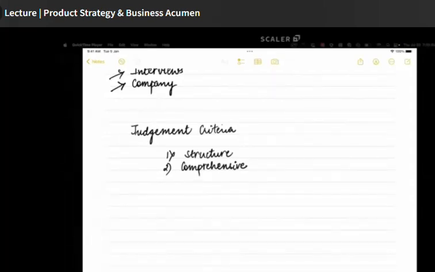Okay, I'll see customer behavior also. I'll see government policies also. I'll see whether there are system issues also. So I'll see from different perspectives, and that's what we call comprehensive. So you structured your thoughts, you thought about a lot of things all around, and finally is feasibility.